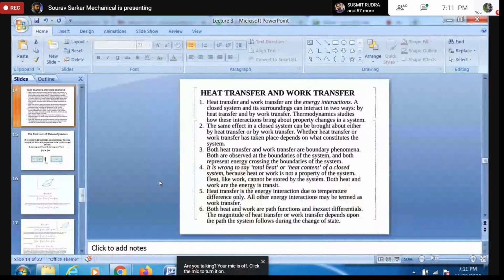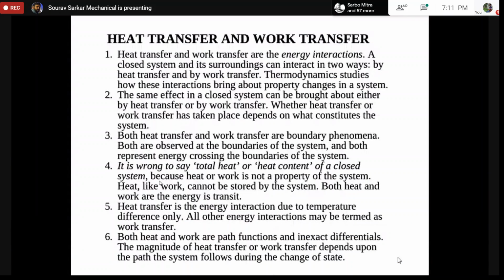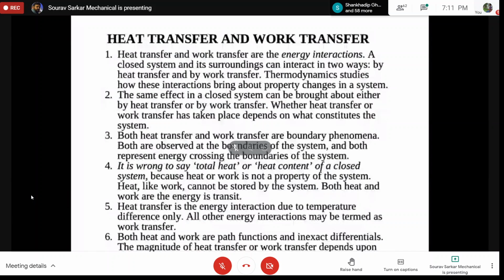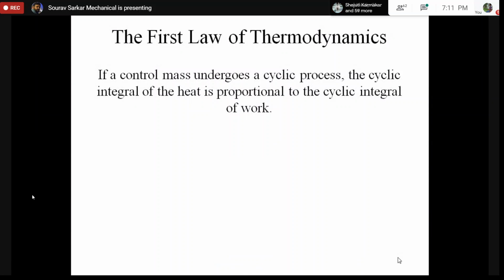And if I discuss the first law after describing heat and work, let me summarize: what is the statement of the first law? It says that if a control mass undergoes a cyclic process, the cyclic integral of heat is proportional to the cyclic integral of work.